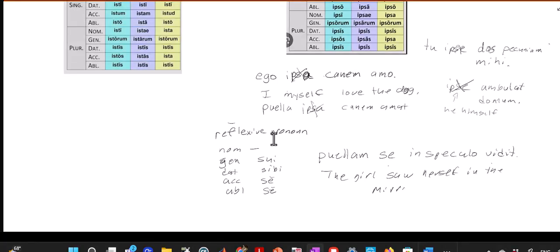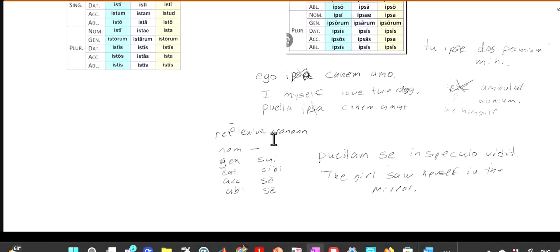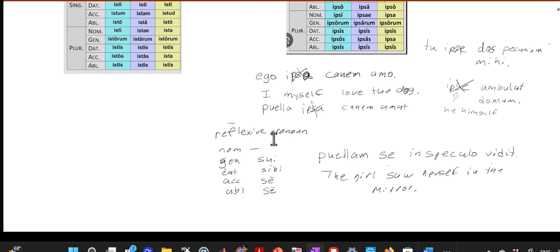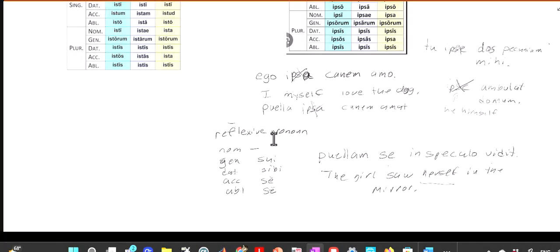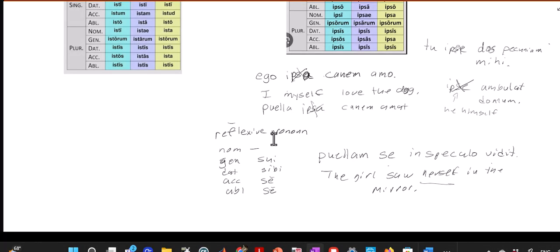So we use the same word in English as in the girl herself loves the dog, as the girl saw herself in the mirror, but it plays a very different role in the sentence. Here it is the direct object, and if I take it out of the sentence it means something entirely different. It doesn't even make sense. The girl saw in the mirror. Saw what? You have to have something in there. So I just wanted to make sure that you knew the difference between those.